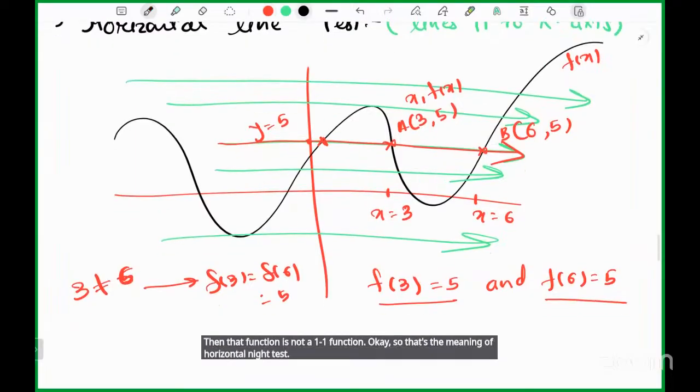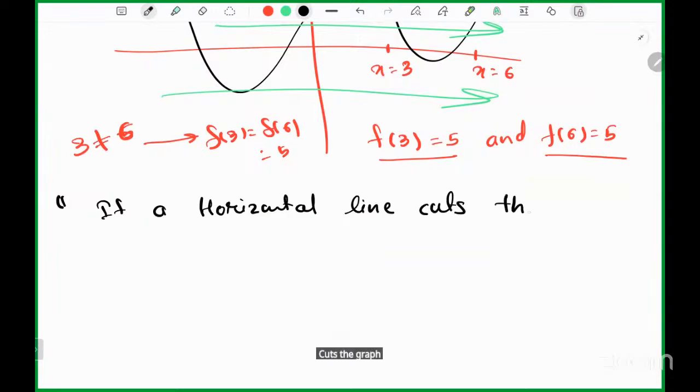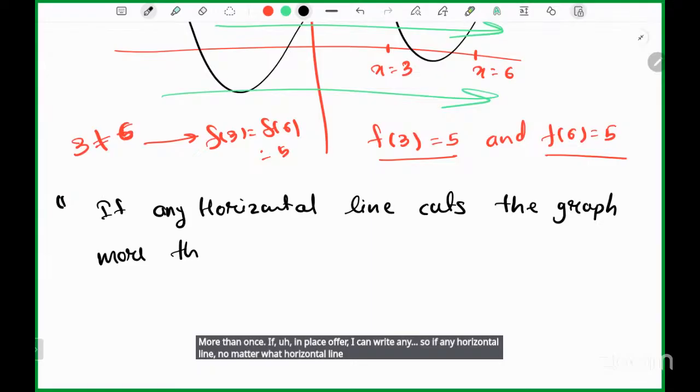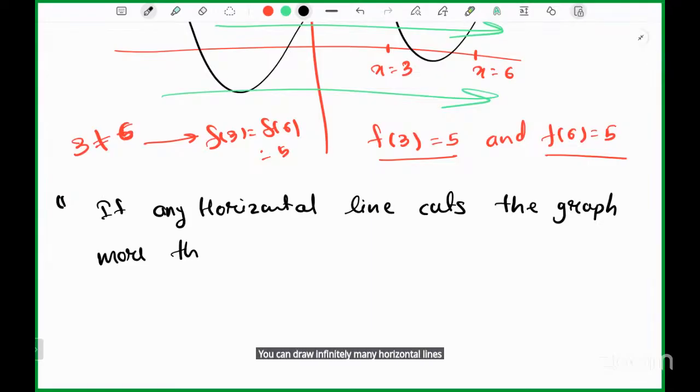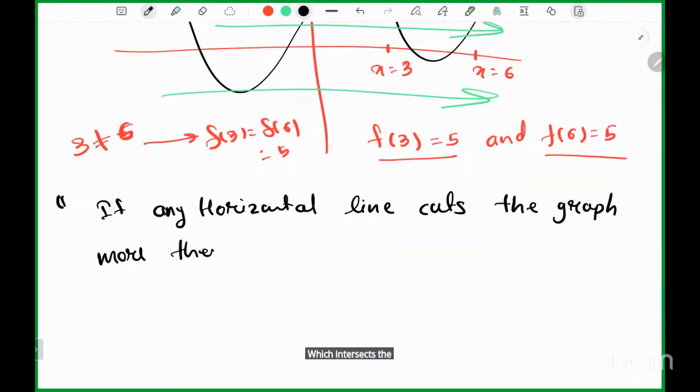I'll state it. So if any horizontal line cuts or intersects the graph more than once, in place of a, I can write any. No matter what horizontal line you draw, you can draw infinitely many horizontal lines, right? But for saying that the graph is not a 1-1 function, you just have to pick one horizontal line which intersects the graph more than once.